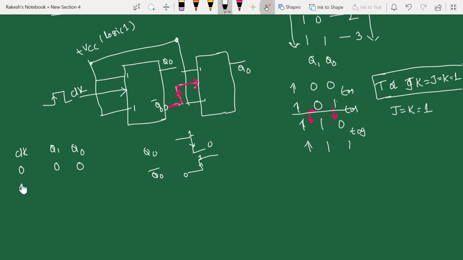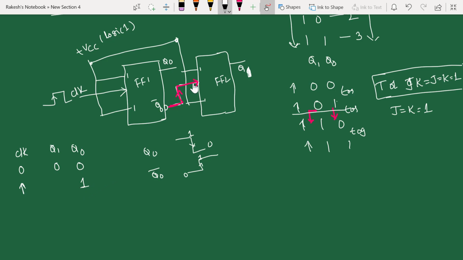When the first clock is applied, here is flip-flop 1 and here is flip-flop 2. So this is Q1. When the first clock is applied, the first flip-flop is connected to VCC, that means both 1 1, and your clock is also high. This will toggle your output, that means your Q0 will toggle to the 1 state.